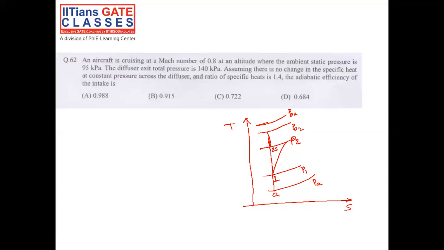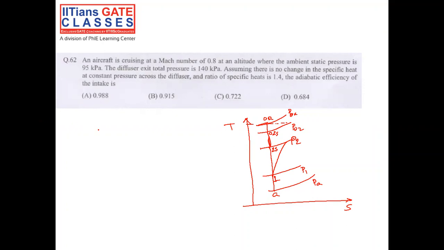This is static pressure at the entry of the diffuser, the ambient static pressure, exit pressure of the diffuser, the total pressure at the exit of the diffuser, total ambient pressure. And the condition denoted by S is basically the isentropic condition.